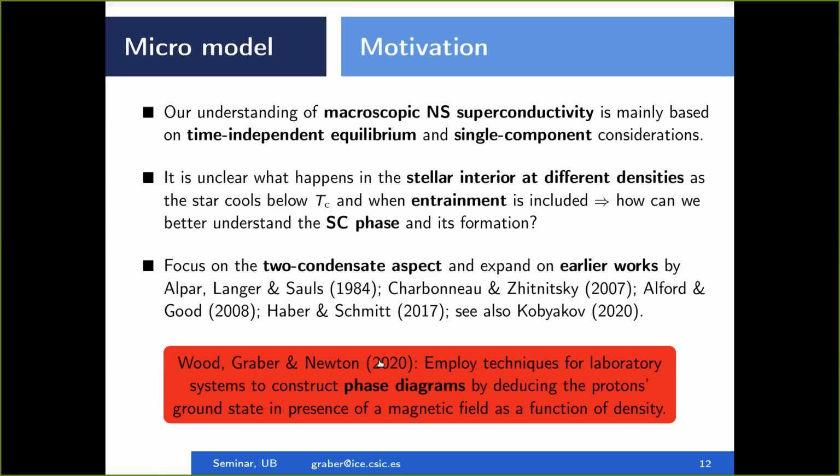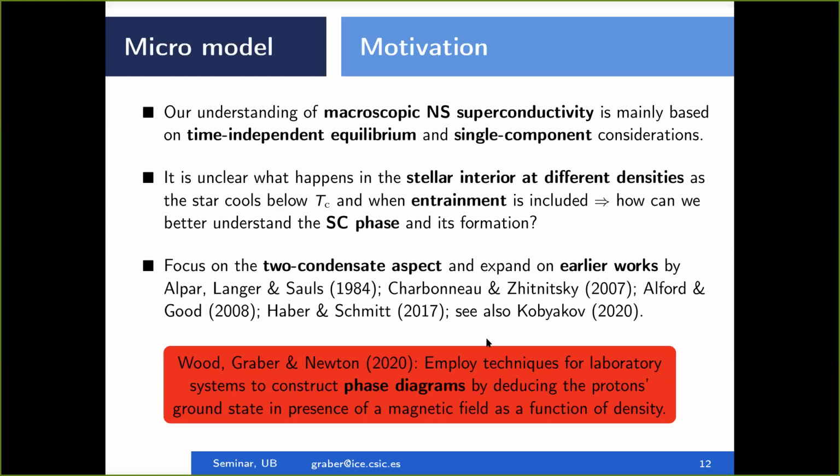So what we focused on is not the time dependent part for now, but also an equilibrium consideration. We looked at what entrainment, this coupling between the neutrons and the protons in the interior as a result of these high densities, is actually doing to this quantum state.